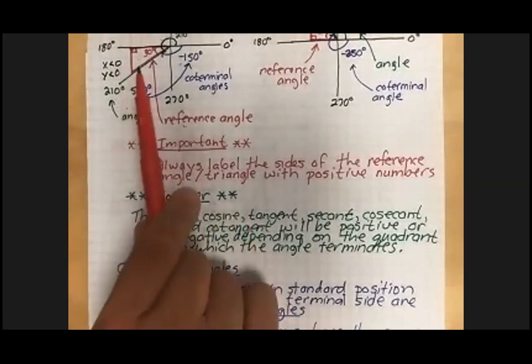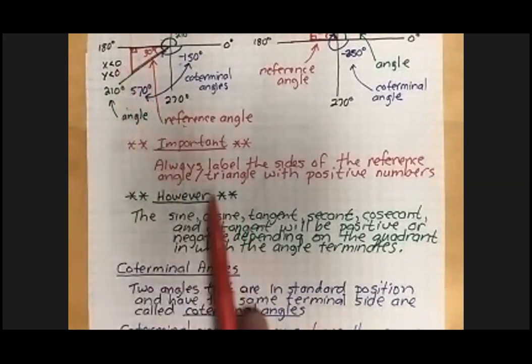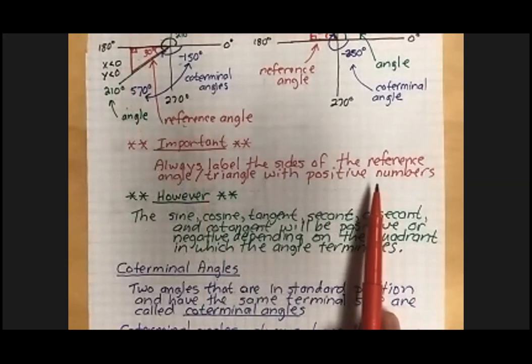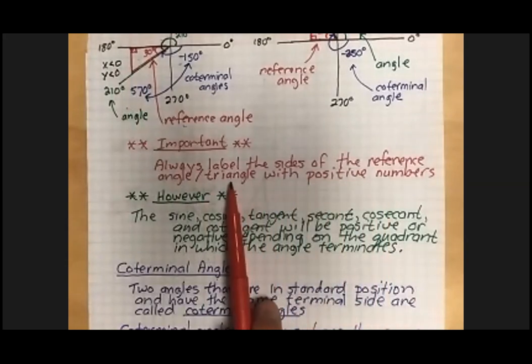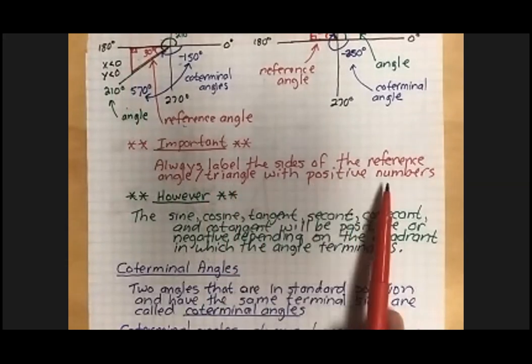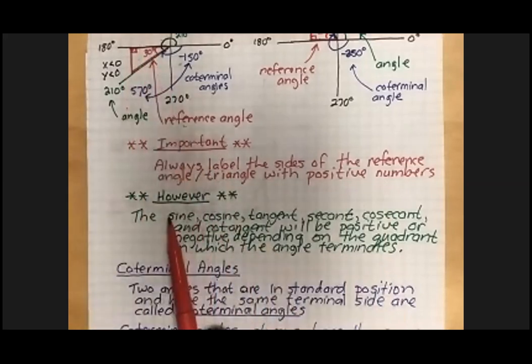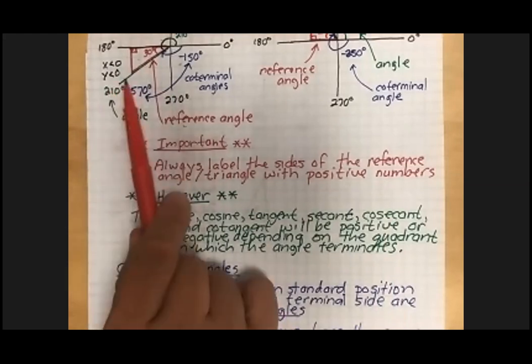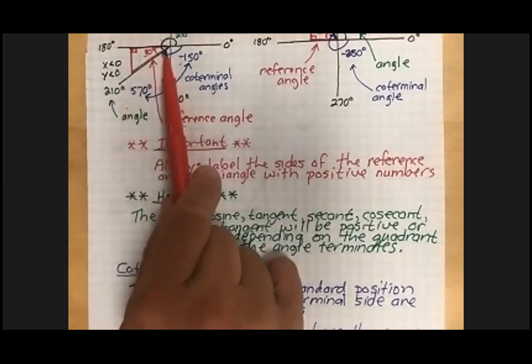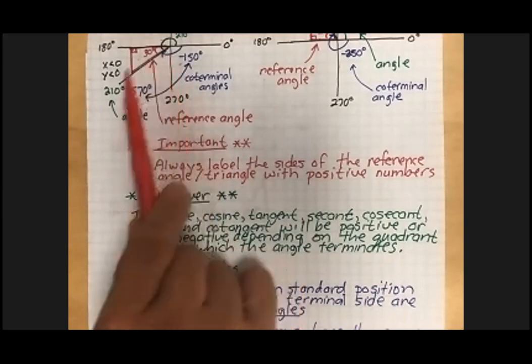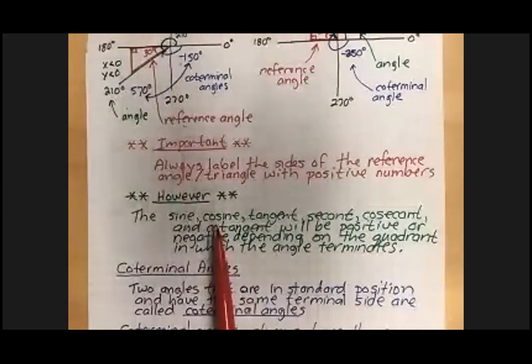Whenever you draw a reference angle and label the sides, you always label the sides with positive numbers, both angles and sides. And you have to compensate if you want the sine, cosine, tangent of a full angle based on the reference angle.